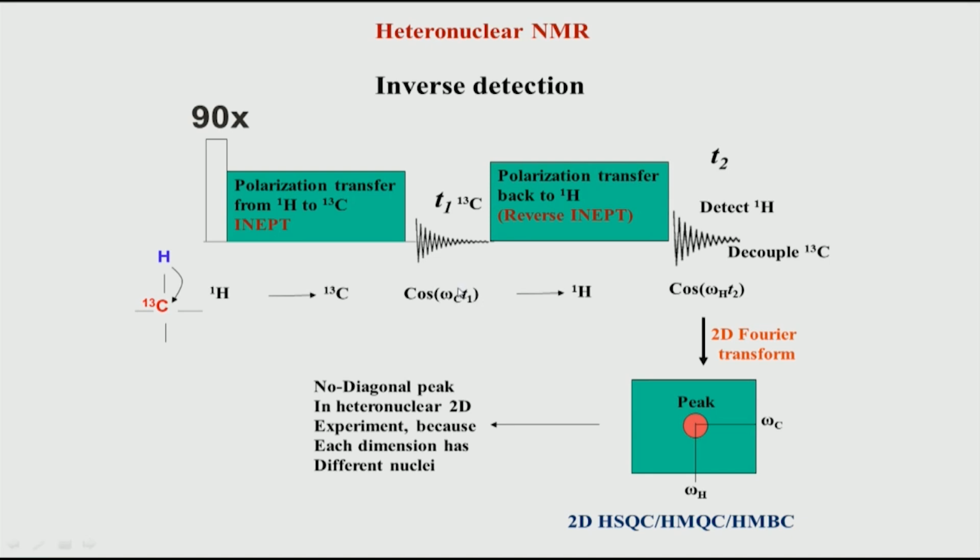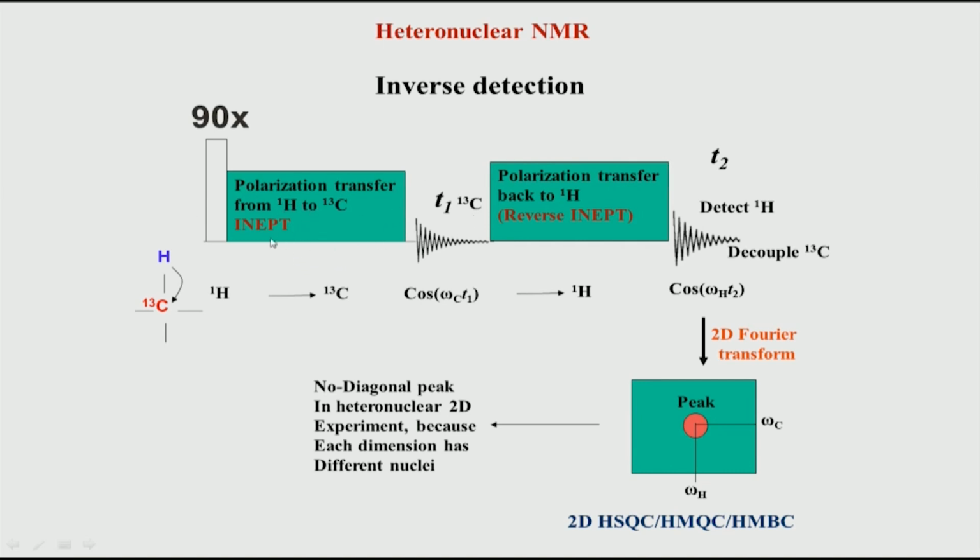Therefore, most of it remains with its own, and that ends up as a diagonal peak. This is what we saw in the previous class, but in this type of experiment, we have transferred the magnetization from proton to carbon.